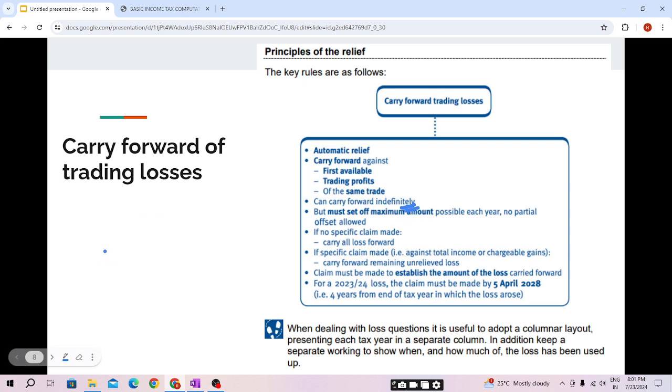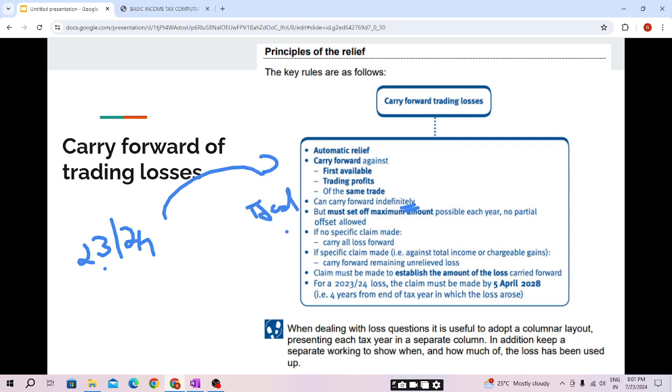So students, the loss which has been carried from 23-24 needs to be set off against the trading income only, not the total income, only from trading profits. Same trade, the first available, and this carry forward can be done for an indefinite period.